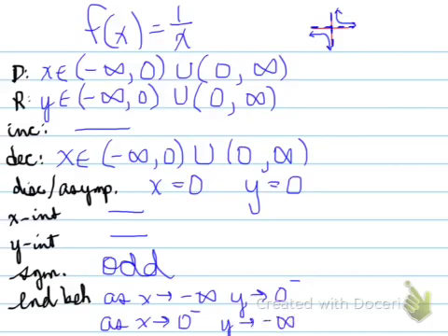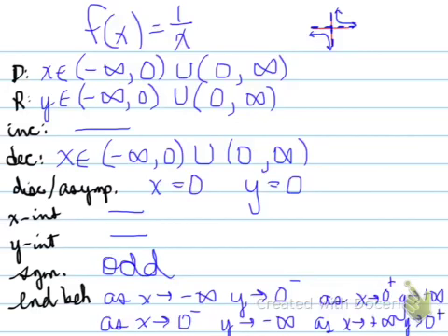All right, the next one, as x approaches 0 from the positive side, y approaches positive infinity. And the last one, as x approaches positive infinity, y approaches 0 from the positive side.